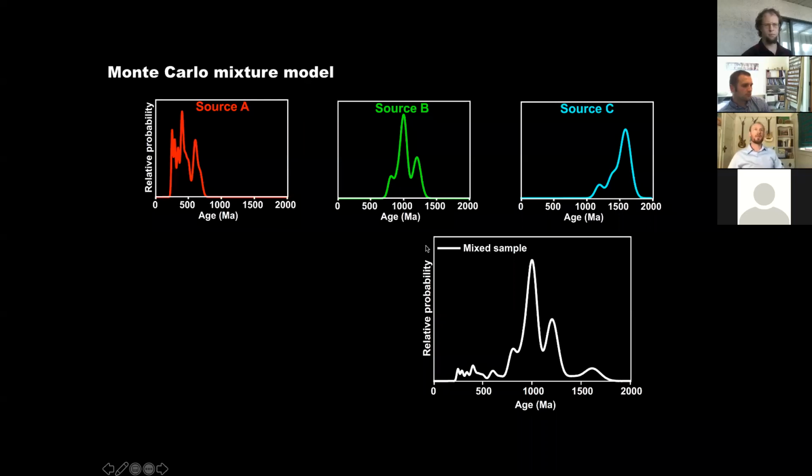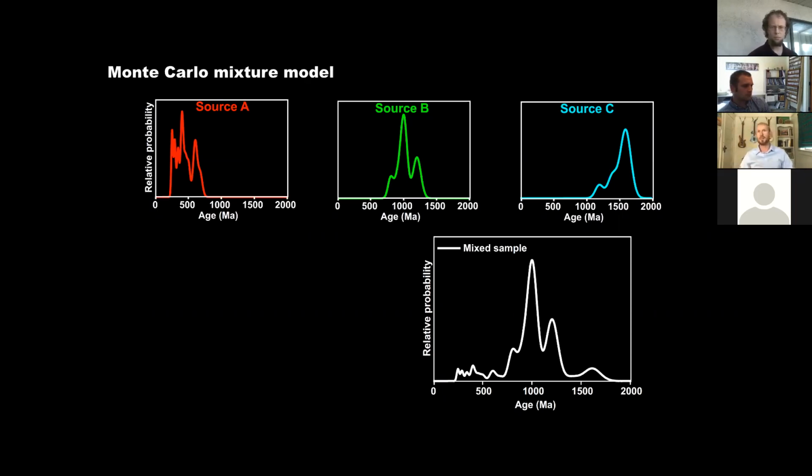Okay, so this is where the Monte Carlo mixture model comes in. The Monte Carlo method at its core is pretty simple. You take a system that can be described mathematically, and you introduce random variability into that system, and you see if you learn something about that system.